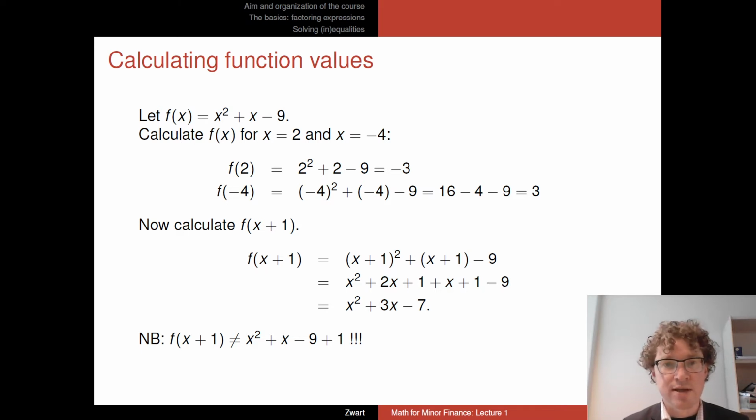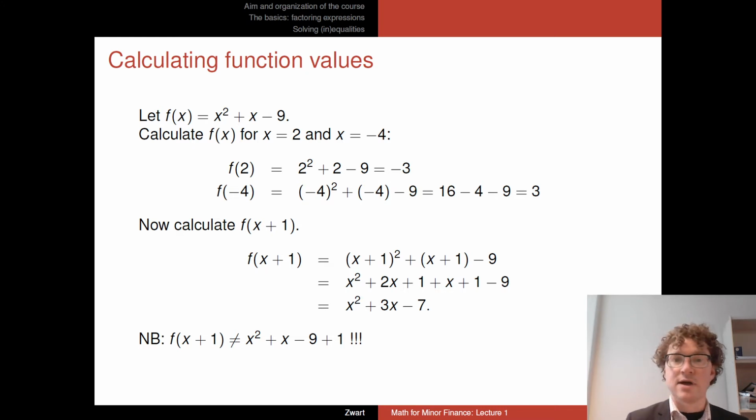We just put in 2 everywhere we see x. So 2 squared, which is 4, plus x, so plus 2, 4 plus 2 is 6, minus 9 gives us minus 3. So the output, or the y if you wish, is going to be minus 3.